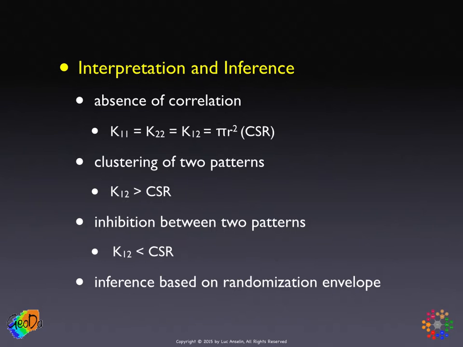But if they somehow cluster, so if they're more grouped together as two patterns, so you have more type 2 events grouped around type 1 events, then that is called clustering. If you have fewer type 2 events around type 1 events, that would be inhibition.